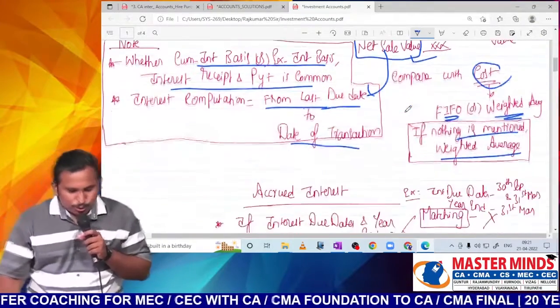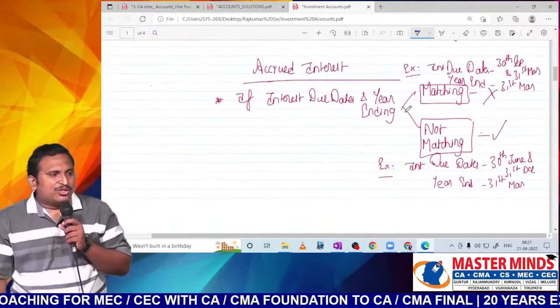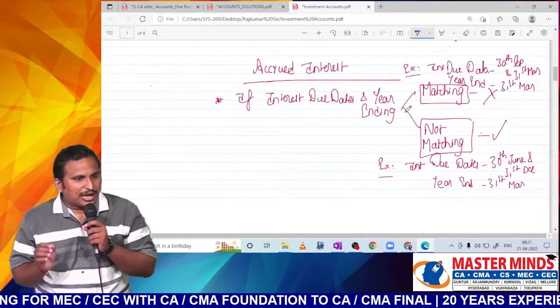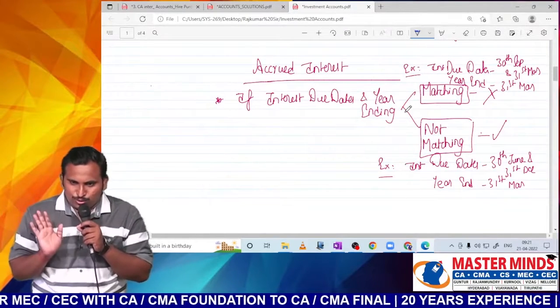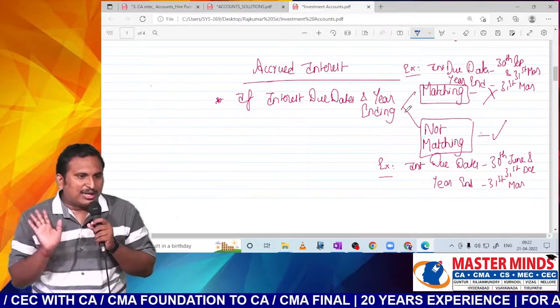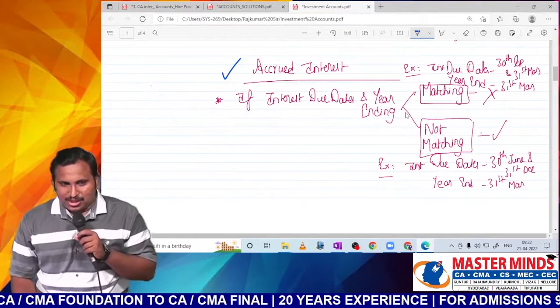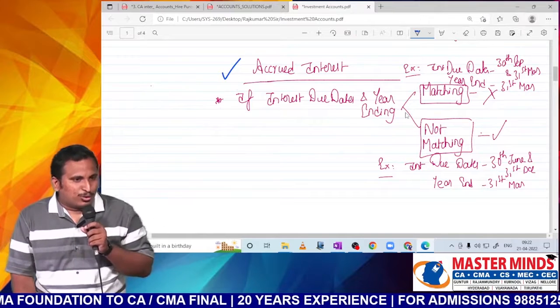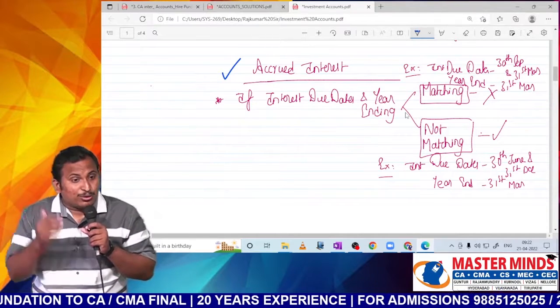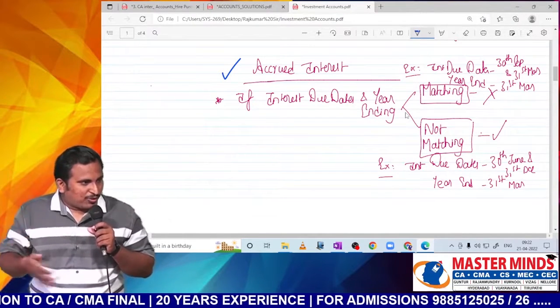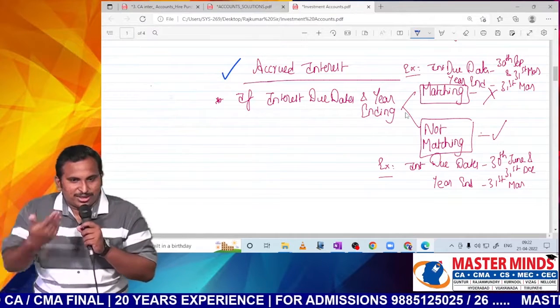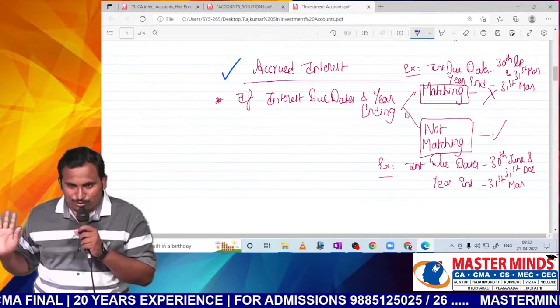Now let me move to two important aspects on which mistakes are usually committed. Please be careful. First one, accrued interest. Why do we make mistakes in accrued interest? You know the concept, but you overlook it. In the process of writing the solution, you forget about accrued interest.